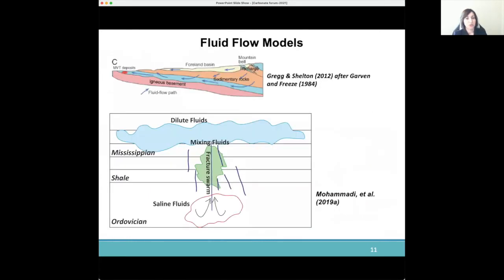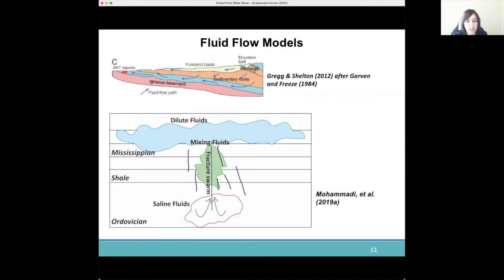So the isotope and fluid inclusion data both help us to understand the fluid flow migration altering Mississippian rocks. Based on that, there are two general models of fluid flow applied to this study. The first figure at the top shows advective fluid moving laterally across the basin by a gravity-driven flow model through Cambrian-Ordovician strata.